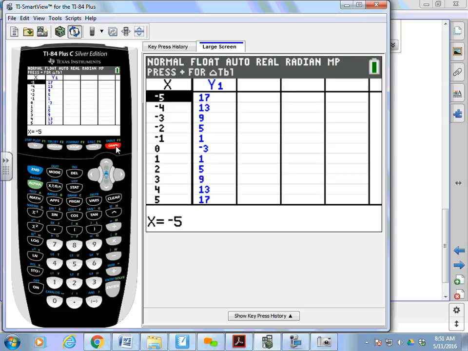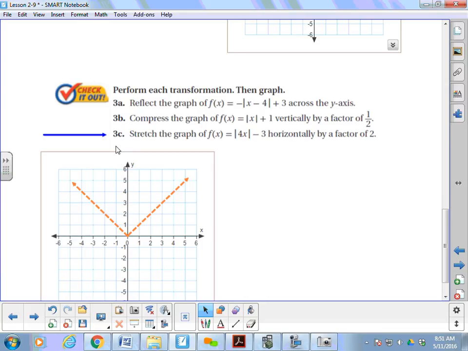I'm going to use the points from my table to make my original graph. So I have 0, negative 3, negative 1, 1, and 1, 1. All I need is 3 points to do this. So let's see, I got to get rid of this. Okay, so we have a point at 0, negative 3, and at 1, 1, and negative 1, 1.